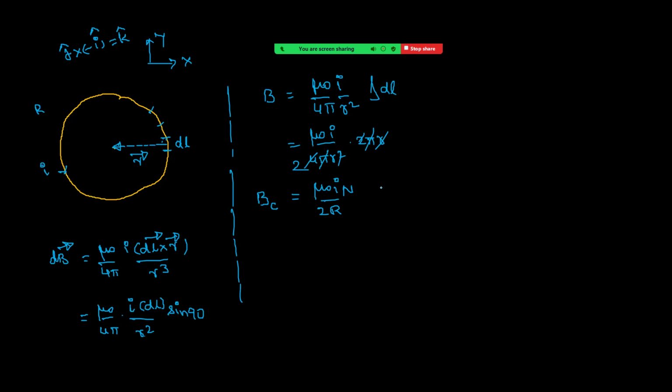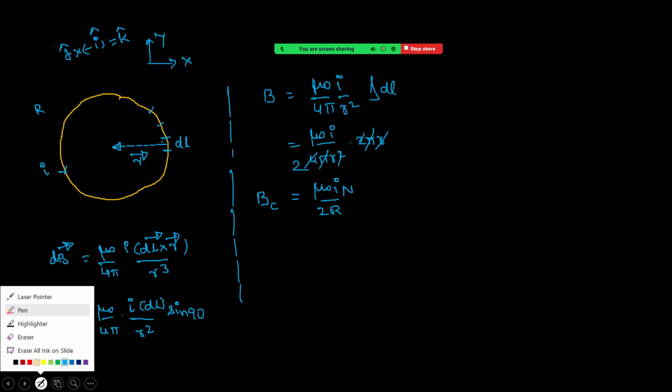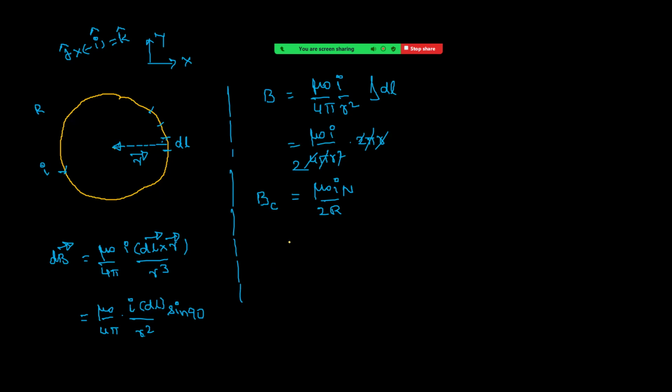Now, suppose we have only some part of a wire, means a circular arc. Suppose I am taking here an arc, and this arc subtends an angle theta at its center of curvature.